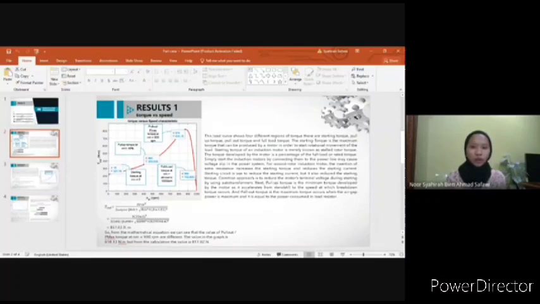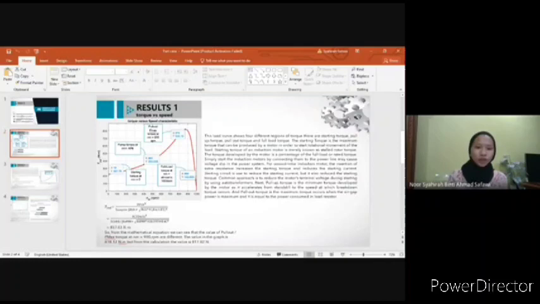The pull-up torque is the minimum torque developed by the motor as it accelerates from standstill to the speed at which breakdown torque occurs. And the pull-out torque is the maximum torque, which occurs when the air gap power is maximum and it is equal to the power consumed in the load.